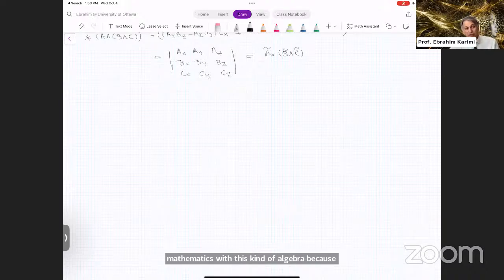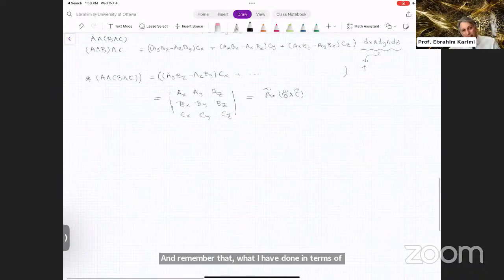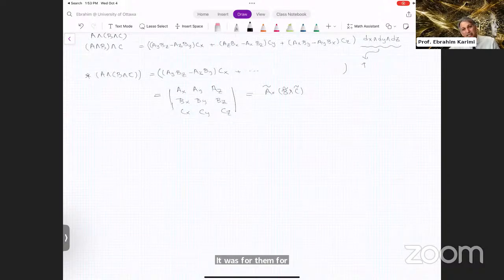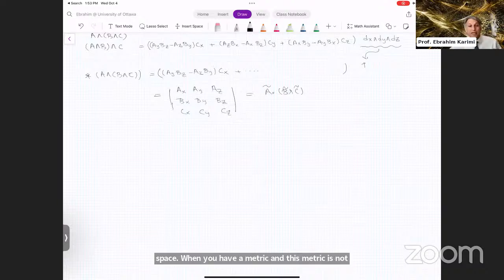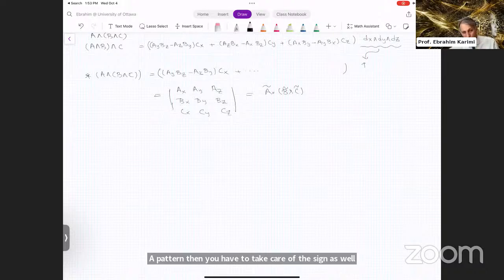And remember that what I have done in terms of finding the dual space or the dual operator was for the Euclidean three-dimensional space. When you have a metric that is not only given by 1, 1, 1, but by some specific pattern, then you have to take care of the sign as well, or write it in the proper formalism.